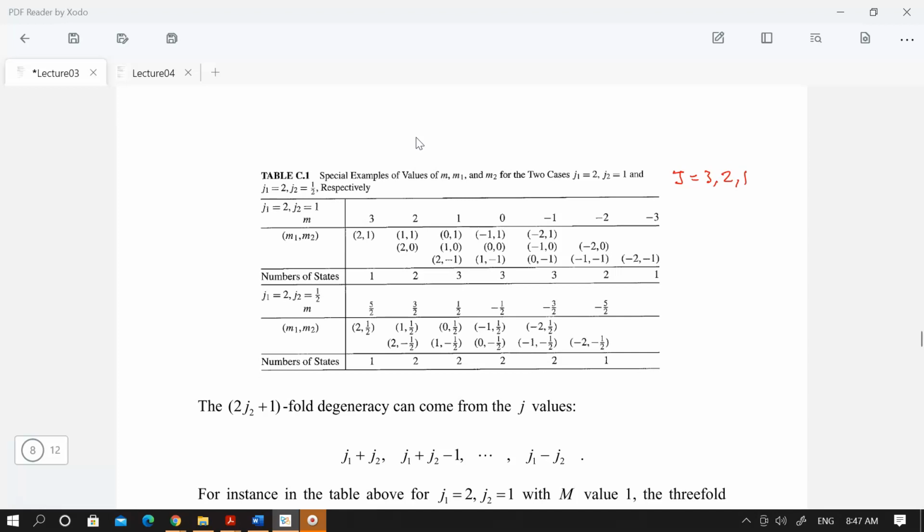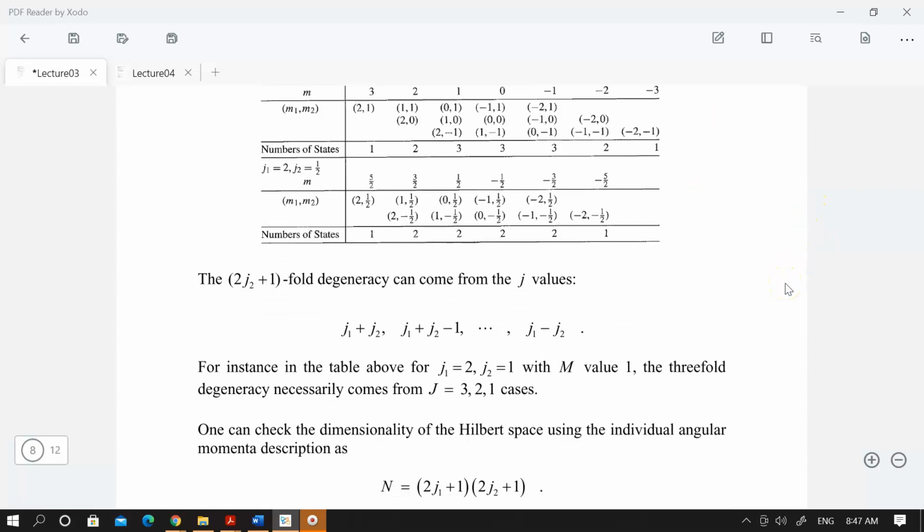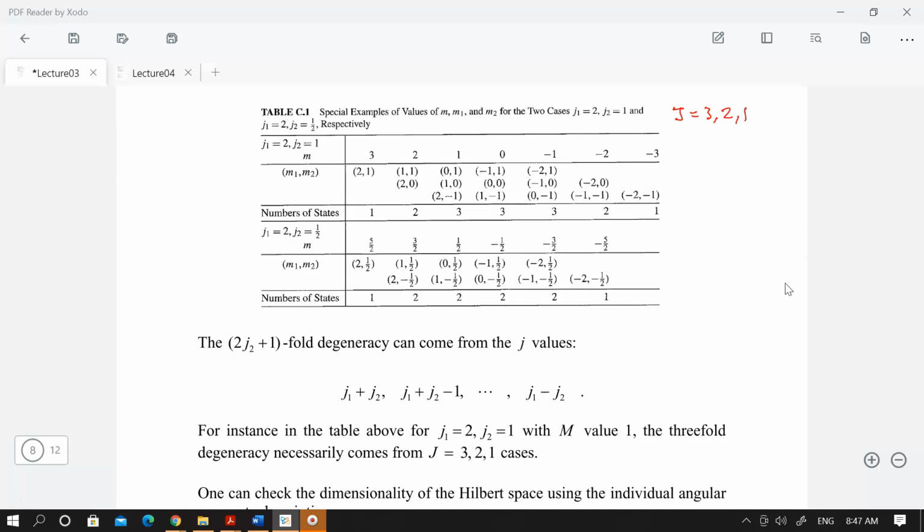If I take, for example, the case of M value 1, M value 1 is this one. If you enumerate all the different M1, M2, this is the only combination, for example, 0, 1, 1, 0, and 2, minus 1.